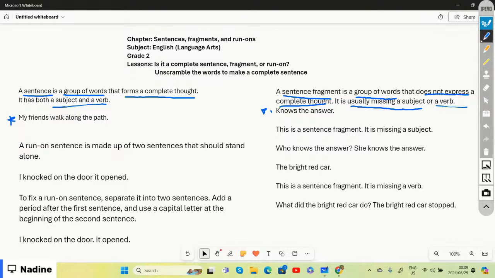With the first sentence, knows the answer, that is a sentence fragment because it is missing a subject. And then we have another sentence, which is the bright red car.